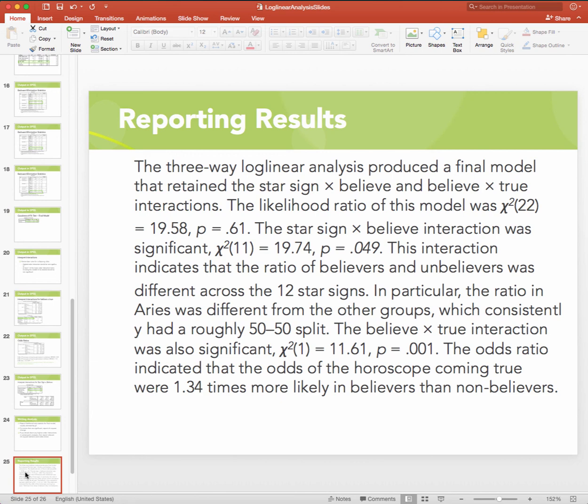And in particular, the ratio in Aries was different from the other groups, which consistently had roughly a 50-50 split. The believe times true interaction was also significant, with a chi-square of 11.61 and a p-value of 0.001. And our odds ratio indicated that the odds of the horoscope coming true were 1.34 times higher, or more likely, in believers than in the non-believers.